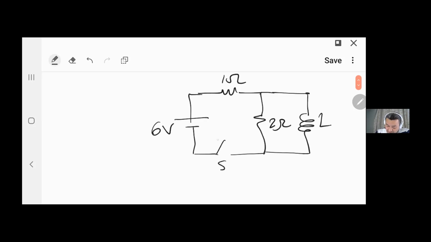Now here we have the switch being closed at t equals 0. We need to calculate the current in the inductor a long time after the switch is closed. Long time after the switch is closed, the inductor will be treated as a piece of wire. Why?